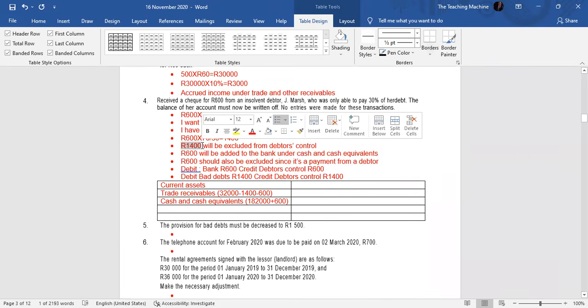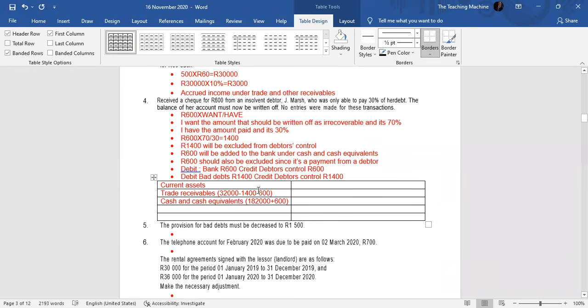Between the two bad debts, which one should be excluded on the statement of financial position? The one that lies on the adjustment. So ignore the one on the trial balance of 5,000, make use of the one on the adjustment. So we won't use 5,000 here, but we'll have 1.4.